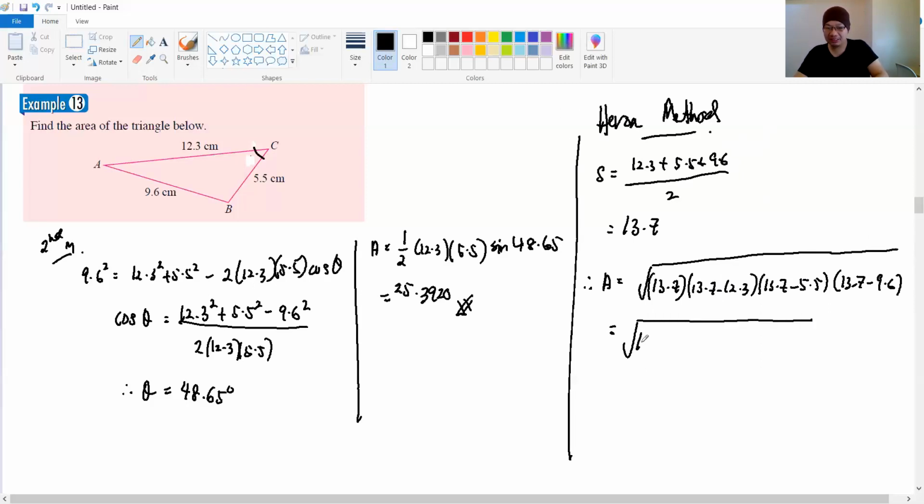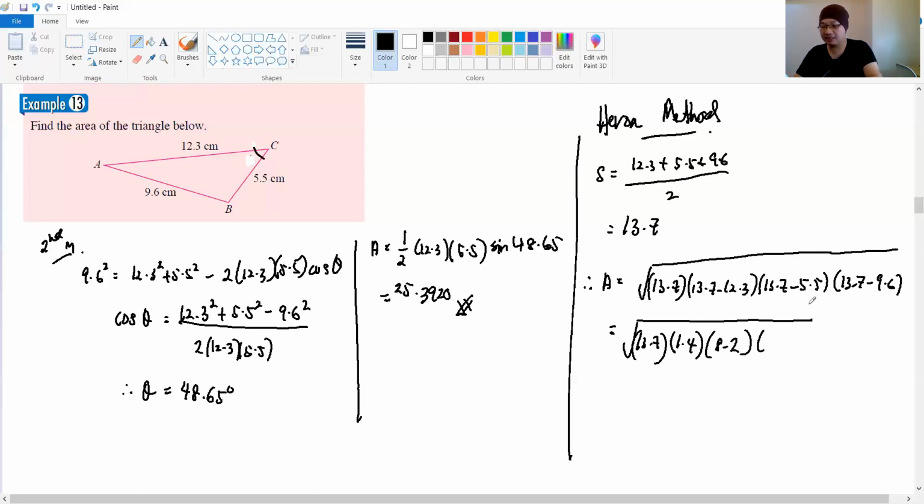I simplify: I supposed to get 13.7, the first one. The second bracket will be 13.7 minus 12.3, this is 1.4. Followed by 13.7 minus 5.5 is 8.2.